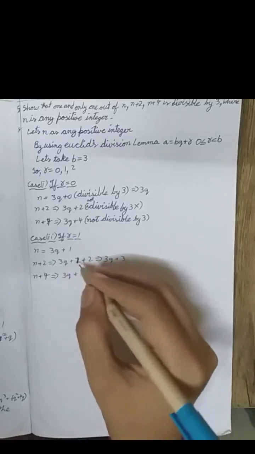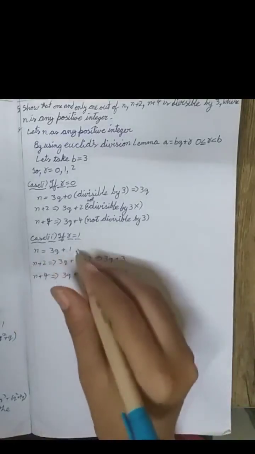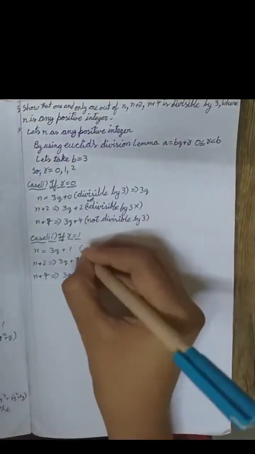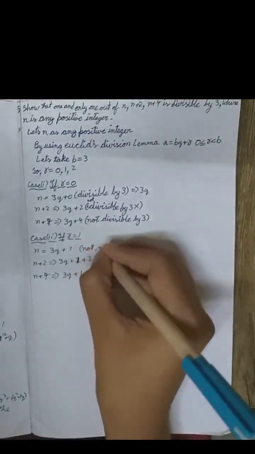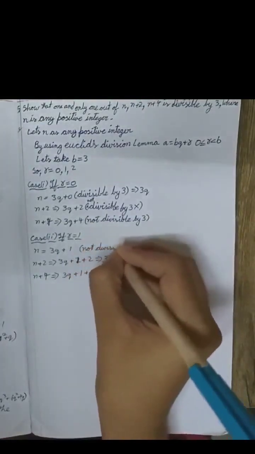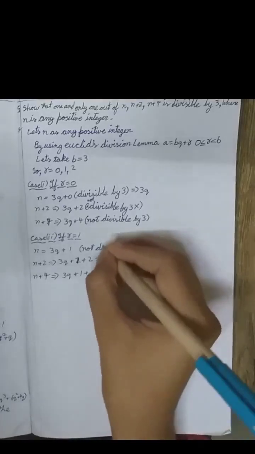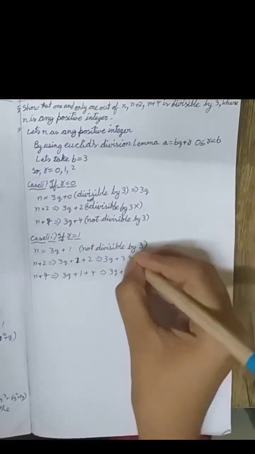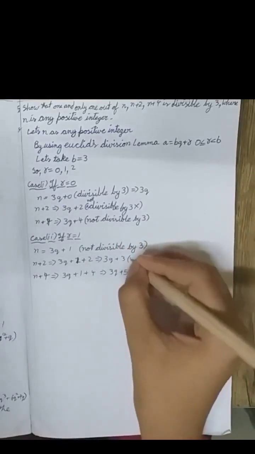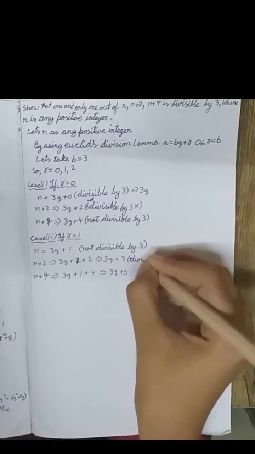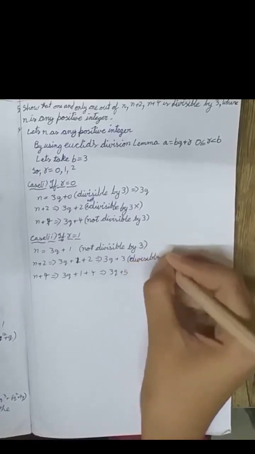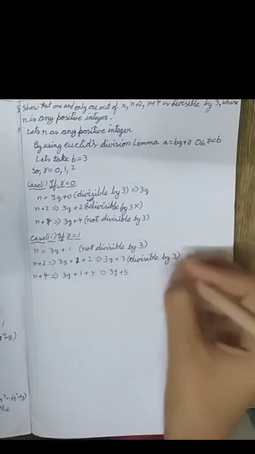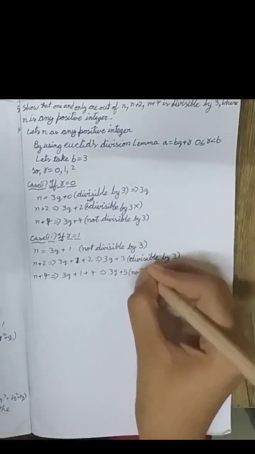So n is not divisible by 3, and n plus 2 is divisible by 3. n plus 4 is not divisible by 3.